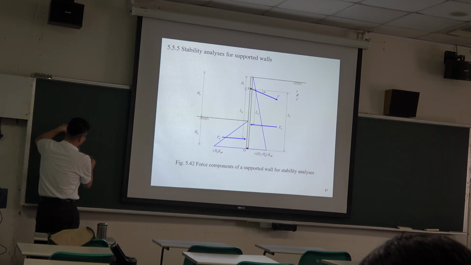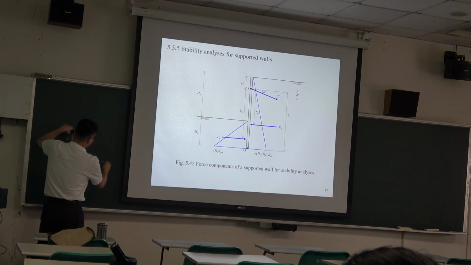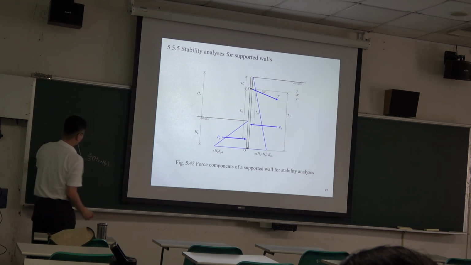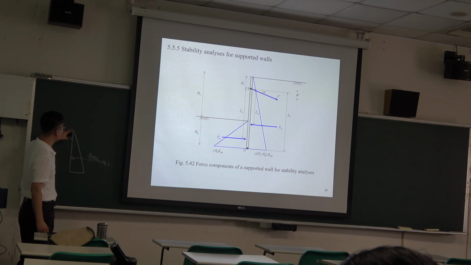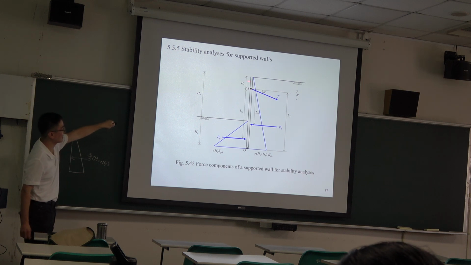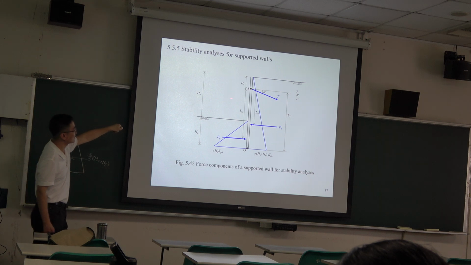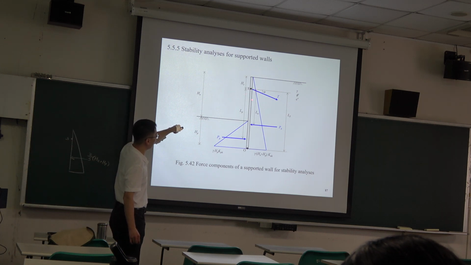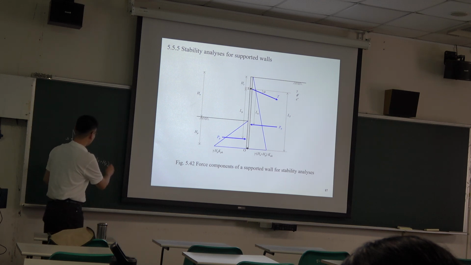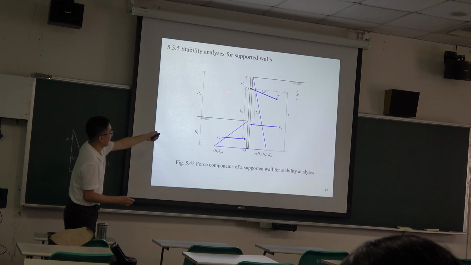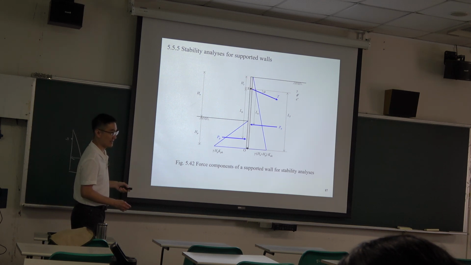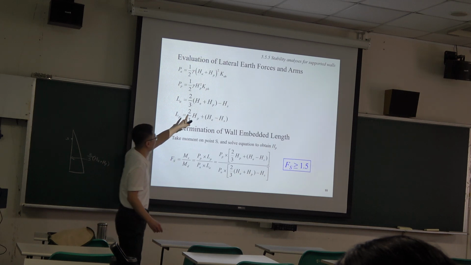So here is 2/3 HE plus HD here. But it's calculated from this point, top. But we want to know the distance here, so we have to minus HS again.